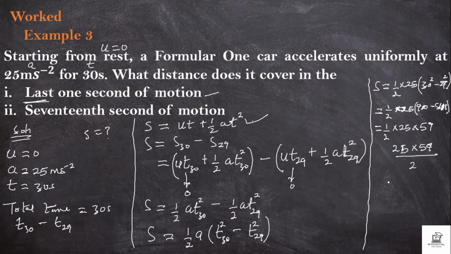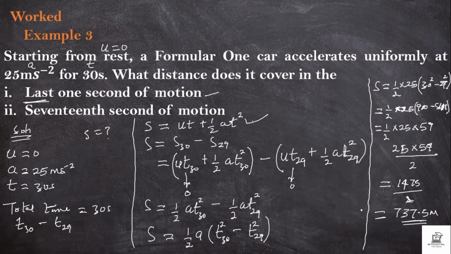That will give us 1475 all over 2, which gives us the final answer of 737.5 meters. So this is how to come about this type of question. I hope this is understood.